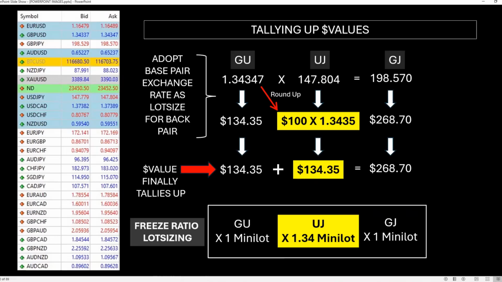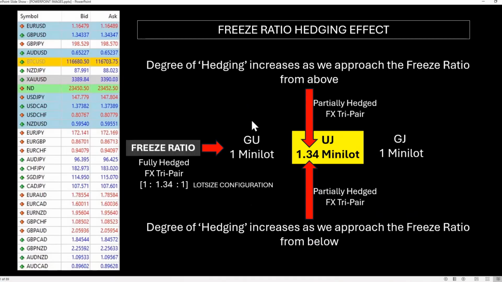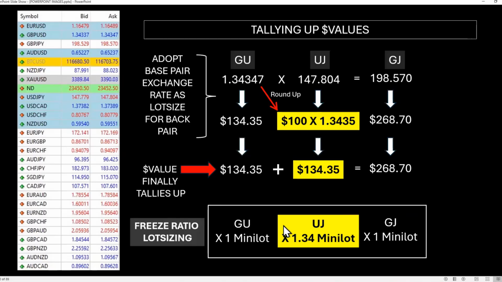So what I'm trying to say is that this is a hedge position. Specifically for this example, for these exchange rates that I'm showing you here, for GU, UJ, and GJ, if you have a ratio of 1.34 and 1, as seen here, because we need this to tally up.